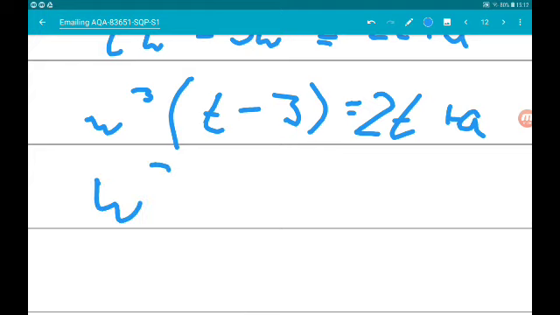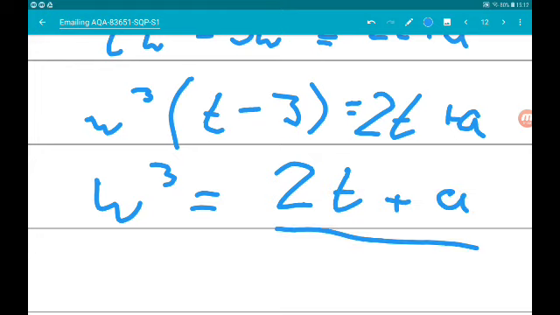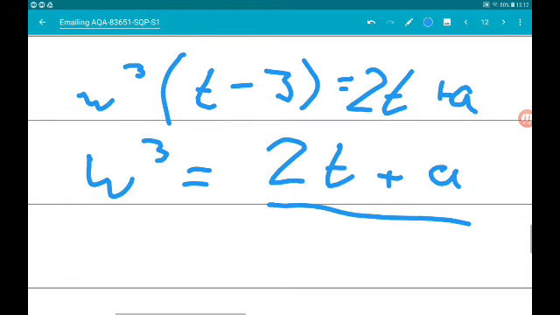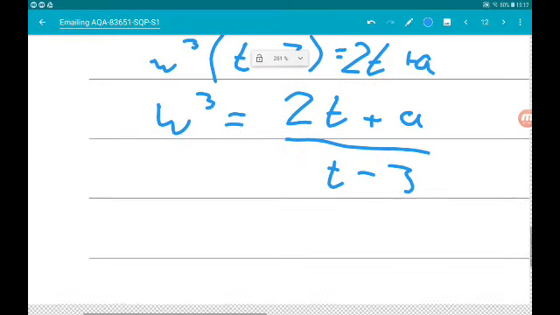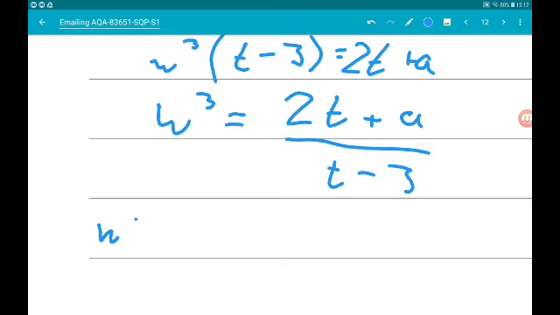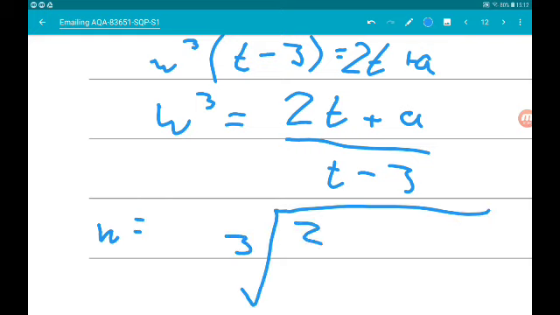So w cubed is 2t plus a over t minus 3. And then the final step is the cube root. So we get w is the cube root of 2t add a over t minus 3. Cool.